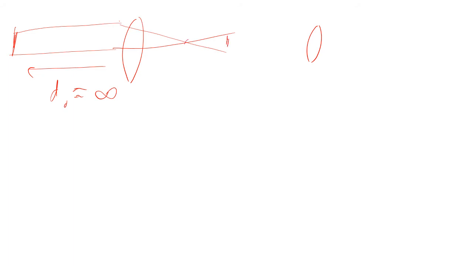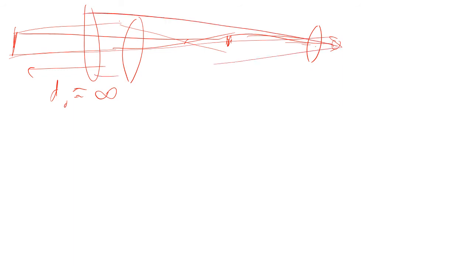If that image is close to the focal length of the other lens, then that image is magnified. You end up with a virtual image out here somewhere, and for your eye looking through, the original thing looks like that and the image looks larger, so you get magnification.